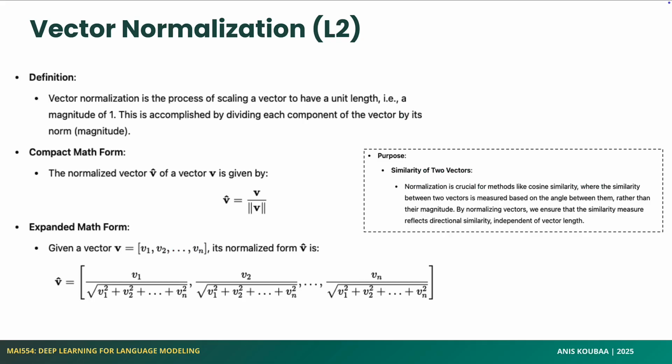So normalization is simple. We're going to divide every vector by its norm. So at the end, every vector will have a unit norm. If we do that for all vectors, the magnitude will not play any role in the differentiation between the words. Okay, because the magnitude of all vectors is 1. And this is one of the characteristics of embedding models. They will generate vectors with a norm equal to 1.